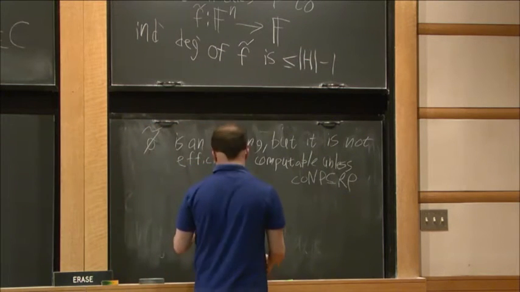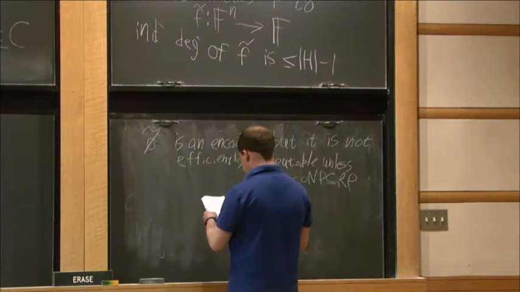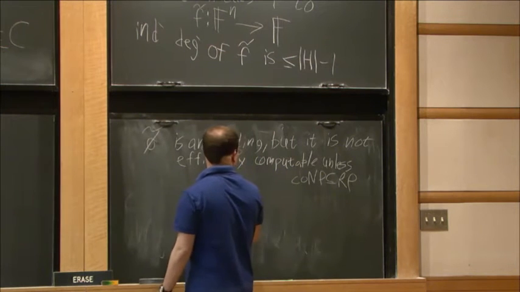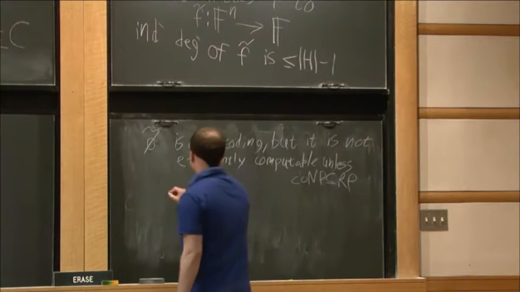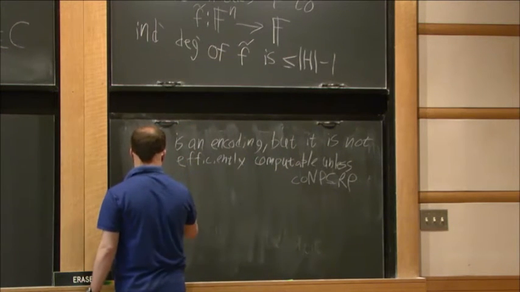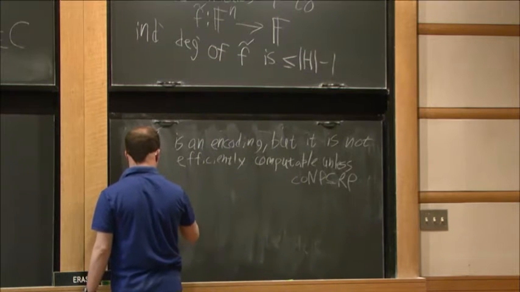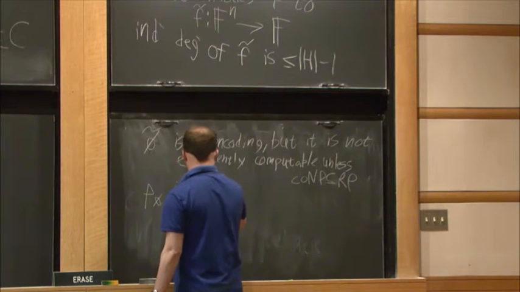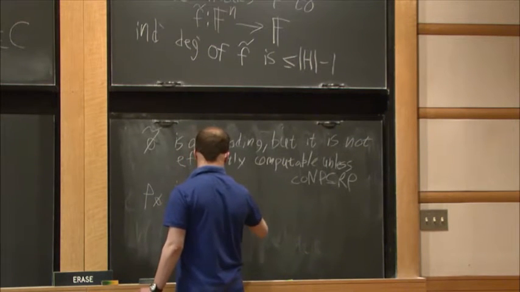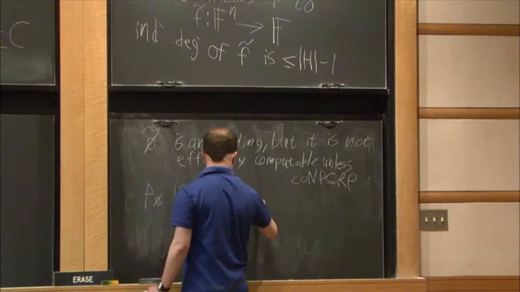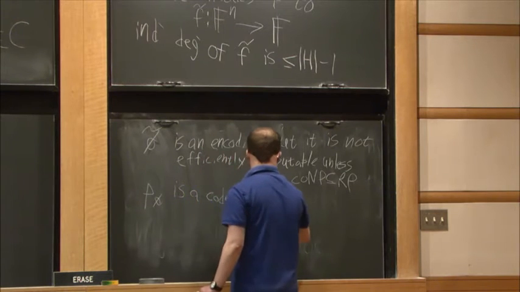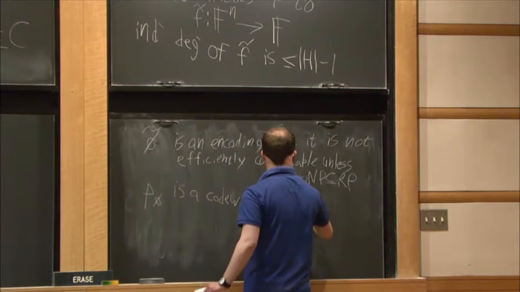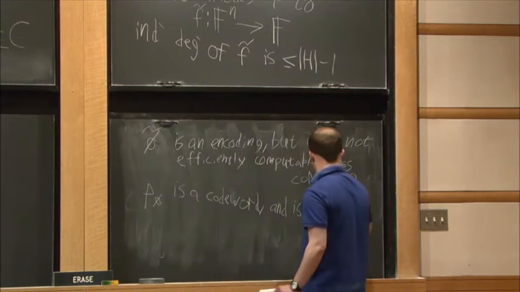And the second polynomial is p sub phi, which is a code word and is efficiently computable.